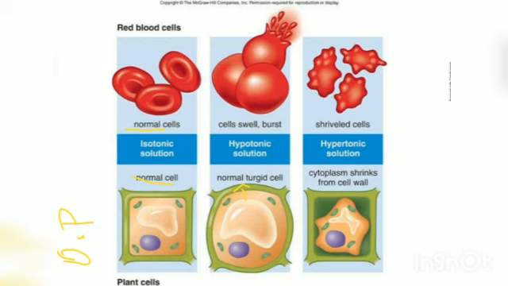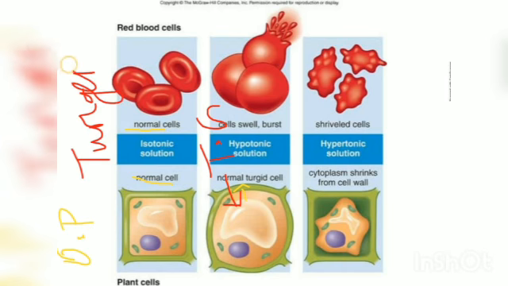That pressure created by the cell wall upon the cell's cytoplasmic content is called turgor pressure. Remember that pressure is called turgor pressure.